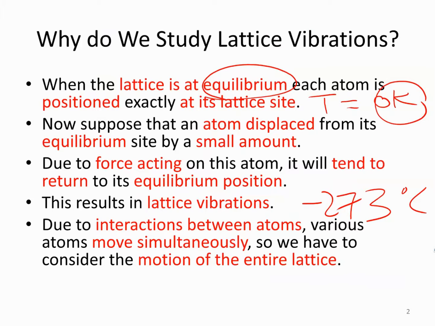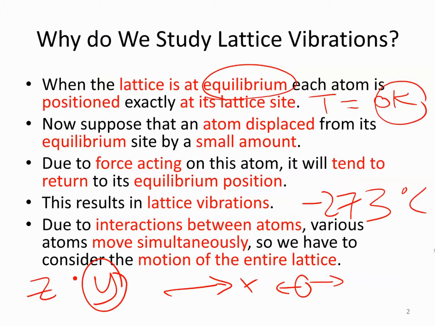Okay, so when the atom is vibrating, it can vibrate in 3 dimensions. Either vibrating in the X direction, that means left and right, left and right, and then Y direction, up and down, up and down, and Z direction, in and out, in and out. It will vibrate in 3 dimensions, in 3 directions simultaneously.